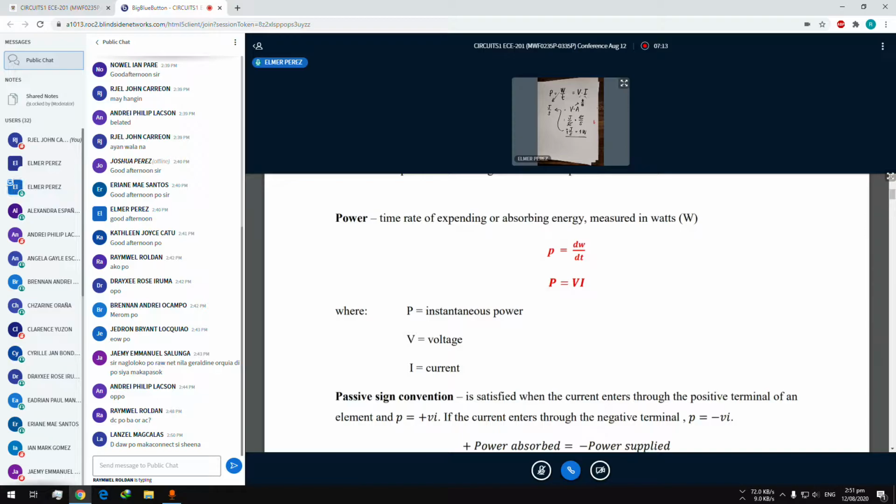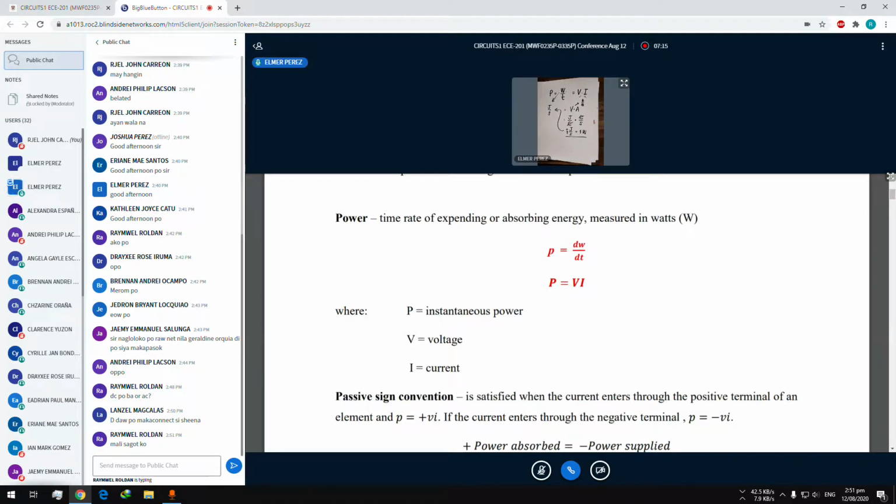Power ay both naman eh. AC man siya or DC, it's the same. Okay, so, ayan. So, 8 ang nagsabing vector at 21 ang nagsabing scalar.